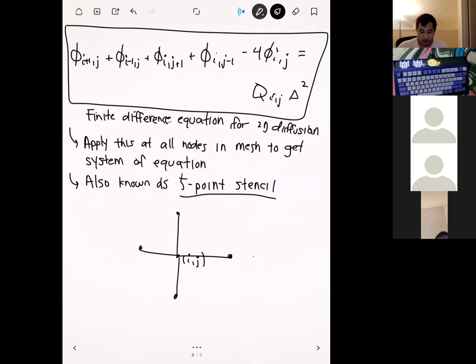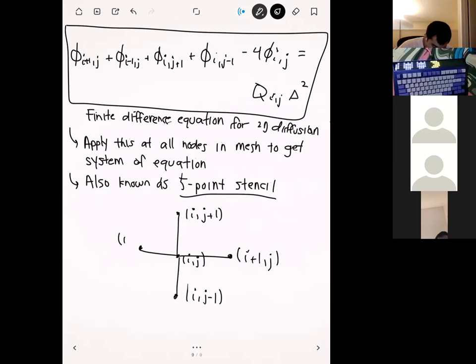And so the ij coordinates of each of its neighbors are given by the following. Its neighbor above it will be i comma j plus 1. Its neighbor below it will be i j minus 1. Its neighbor to the right will be i plus 1 comma j. And its neighbor to the left will be i minus 1 comma j.